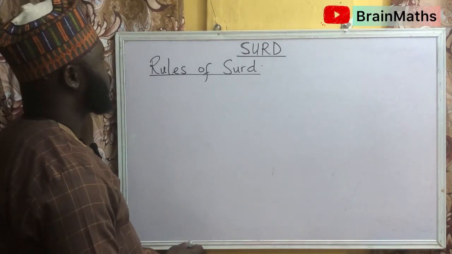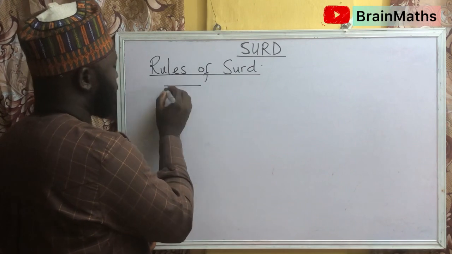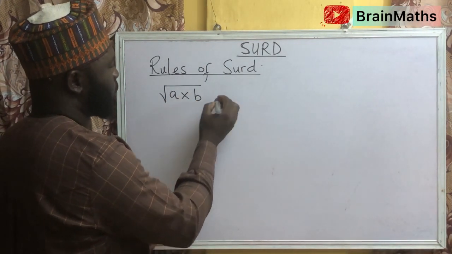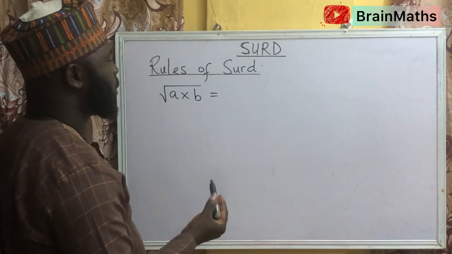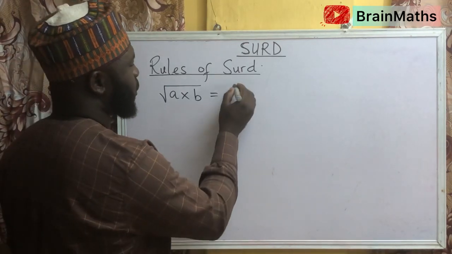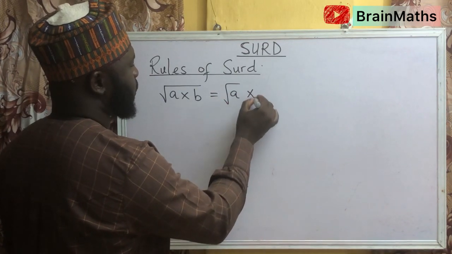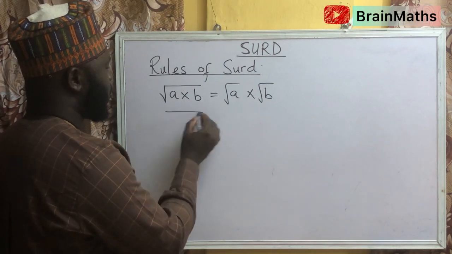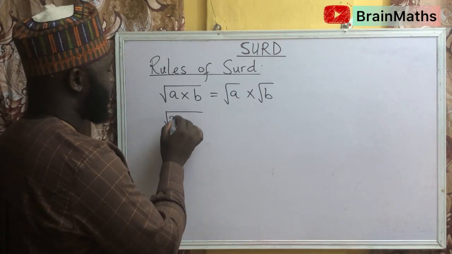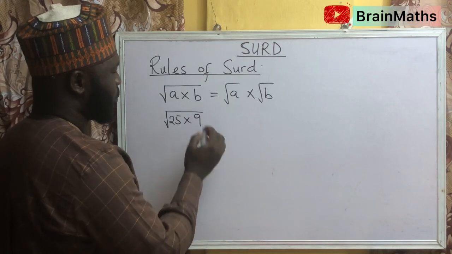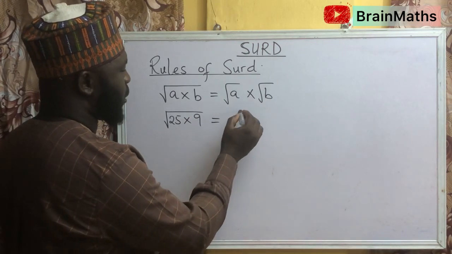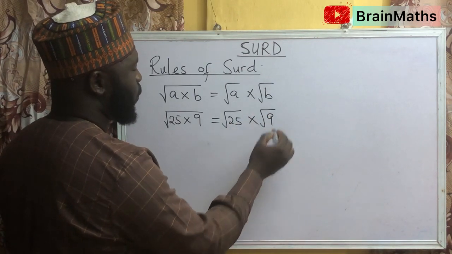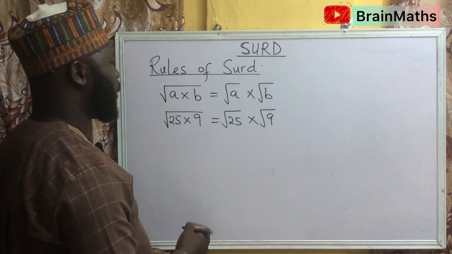Rules of SURD. If you are given A times B, this can be broken down and rewritten as square root of A times square root of B. For instance, if you have square root of 25 times 9, we can break this further into square root of 25 times square root of 9, where each one of them stands separately.